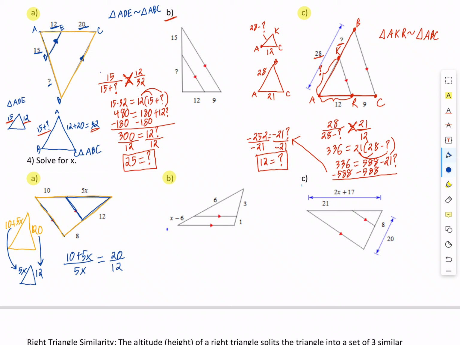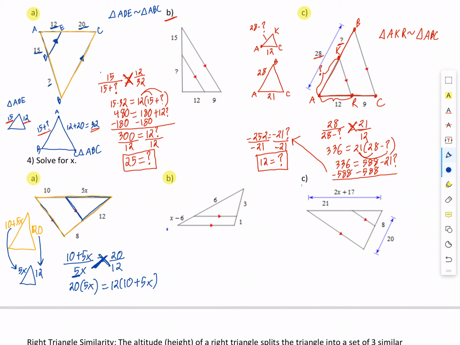So we plug. Now we need to chug and refuse to do drug. Multiply 5 and x, so we get 20 times 5x. And we multiply 12 times 10 plus 5x. So maybe you're asking me, hey, Mr. Rainey, you can reduce that 5. Awesome. If you want to reduce that 5, go for it.